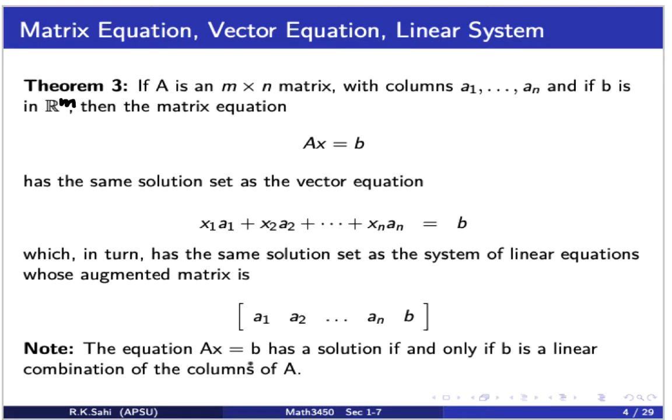So the equation Ax equals b has a solution if and only if b is a linear combination of the columns of A.